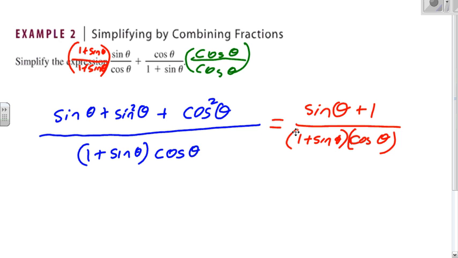Sine plus 1 is the same as 1 plus sine, so we can cancel. We just have a 1 on top, so it's 1 over cosine, which is secant.